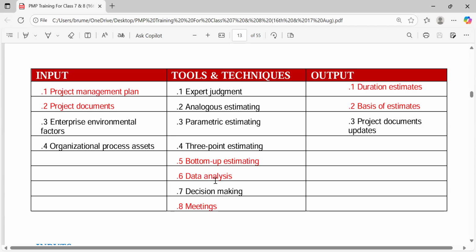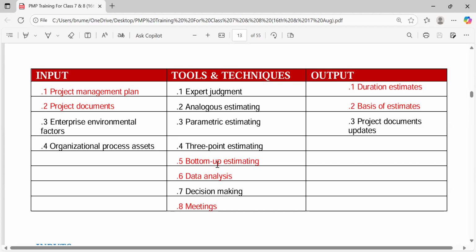And that told us about the bottom-up estimate and the 3-point estimate. In the 3-point estimate, you remember that we did the project evaluation and review technique, and we looked at the formula as pessimistic plus 4 multiplied by the most likely plus the optimistic, all divided by 6.